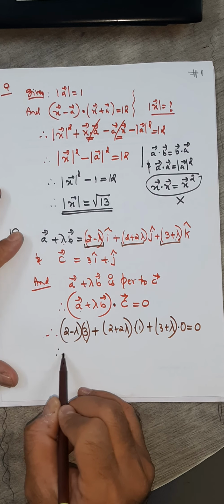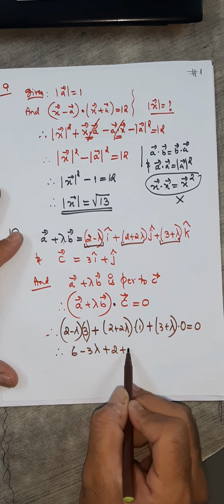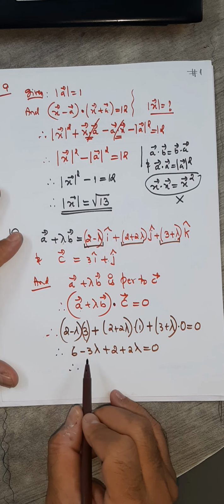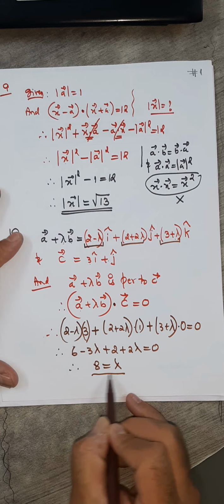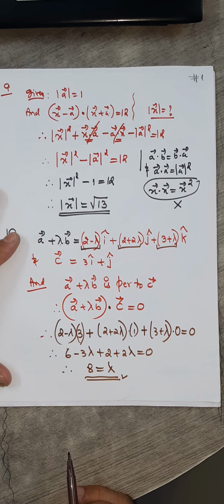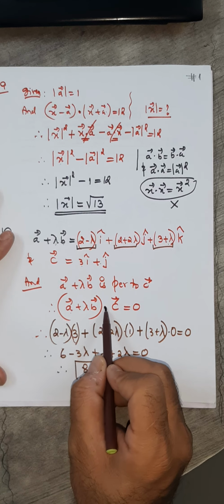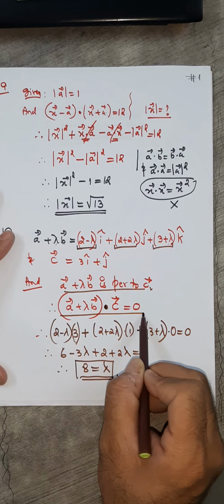Fine. So we'll get 6 minus 3 lambda plus 2 lambda equals 0. So here you will get 8 and lambda on the other side. So lambda equals 8. The only important concept we have used is whenever vectors are orthogonal, that is perpendicular, then the dot product is 0.